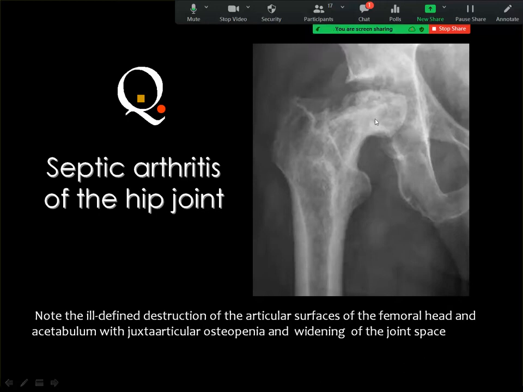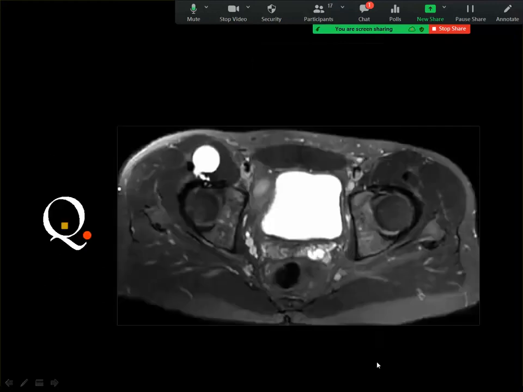If both are affected, then this is a joint disease, not a bone disease. And the joint disease, which has eroded the acetabulum and most of the femoral head with widening of the joint space, these are classic features of septic arthritis. Okay, next case.